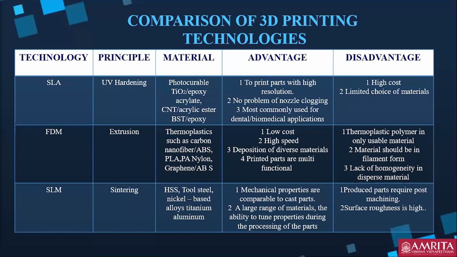So different types of these 3D thermoplastic materials you can use. This is a comparatively low cost technology, high speed. Deposition of diverse material. You have a diversity of thermoplastics. Different colors and combinations are there. Multifunctional products can be built out of it.